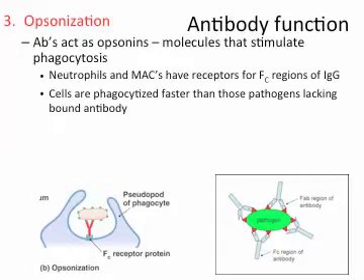In the cartoon at the bottom, you can see there's a bacterium and an antibody is bound to the antigen epitope site, and it shows the pseudopod of the phagocyte. The pseudopod of the phagocyte has an Fc receptor protein in its plasma membrane that will recognize the stem of the antibody, and now the phagocyte can phagocytose the foreign invader.